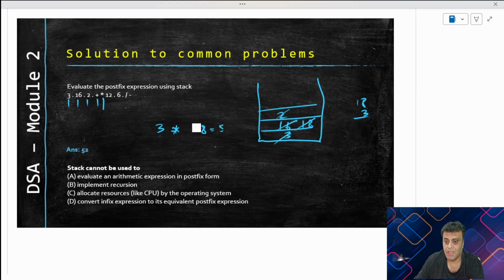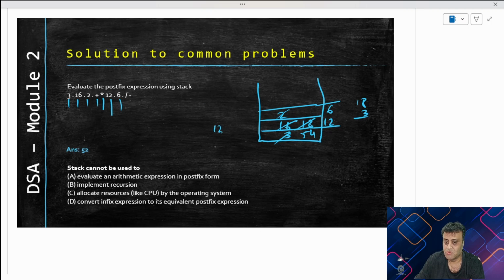So then we have 54 coming up here, right? So this star has created this 54, and then we have 12, which is going to come here, right, on this particular element. And then we have 6, which is going to come here. And then we have slash.